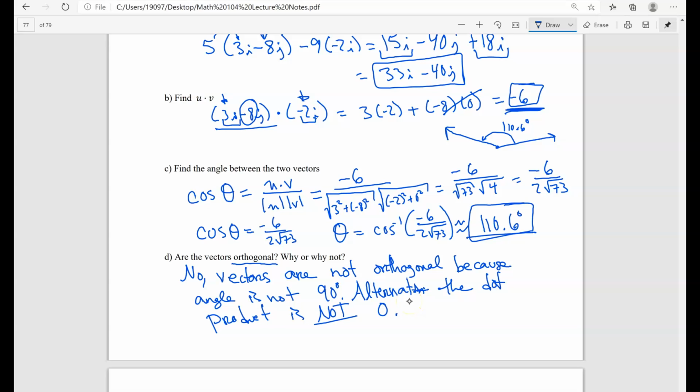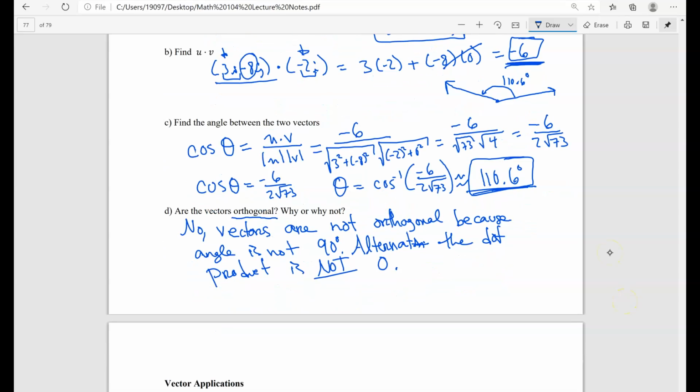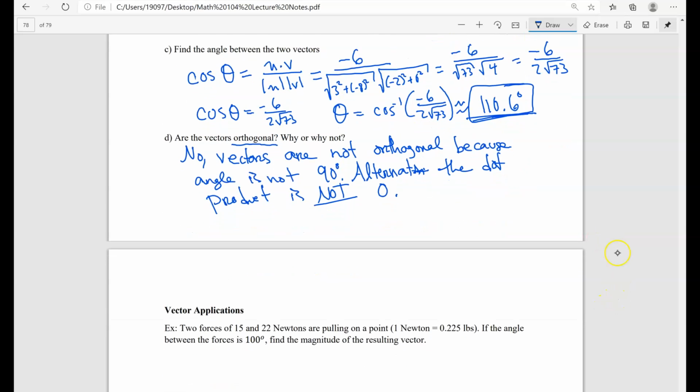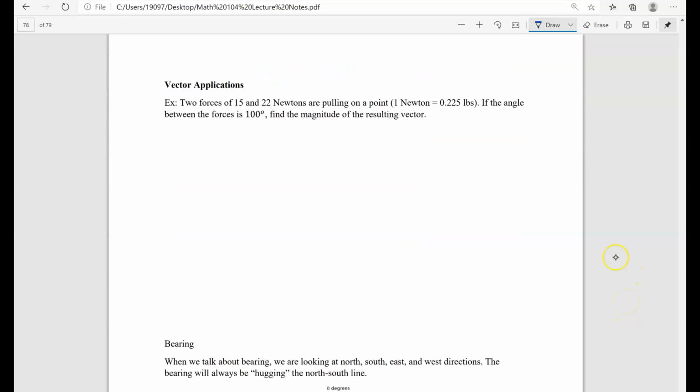So you could have also just said that as well. You can say the dot product is not 0, therefore they're not orthogonal, or you can say that the angle itself is just 110.6 degrees, which is not 90 degrees. In the next video, we're going to do a couple of vector application problems where you can actually apply all of these different ideas.